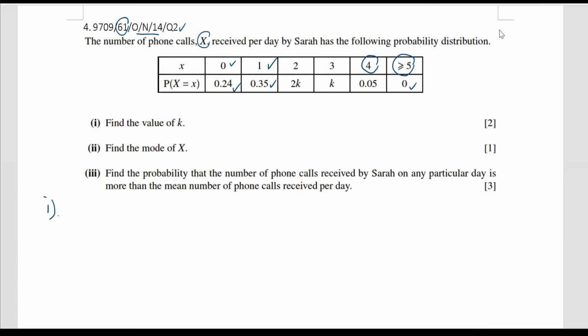So now we're trying to answer part 1. So what should we do? Sum up all the probabilities and equate it to 1.